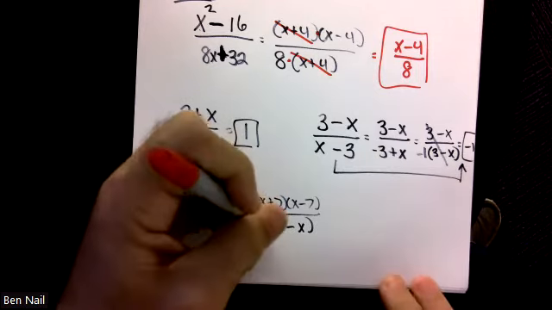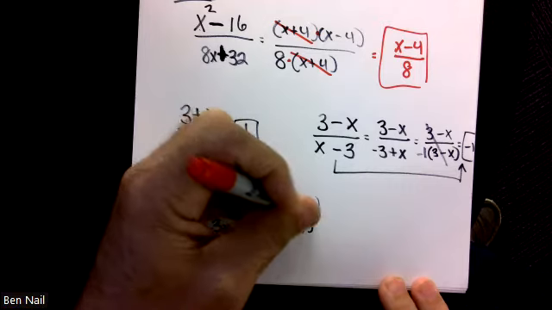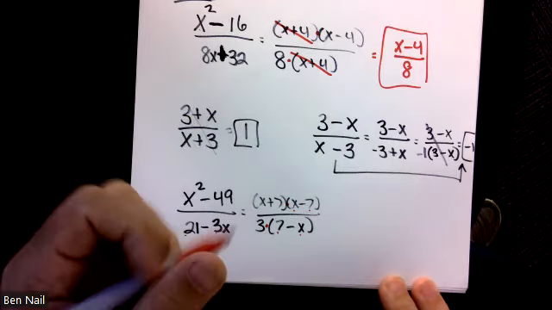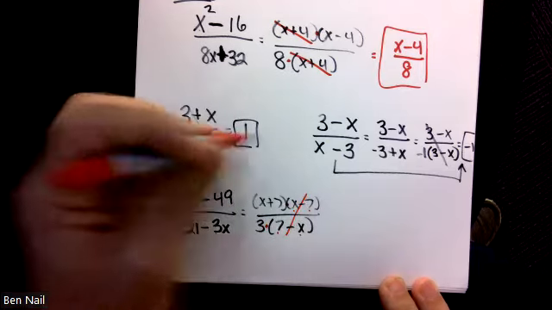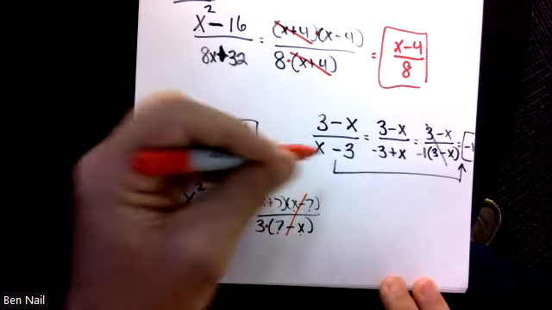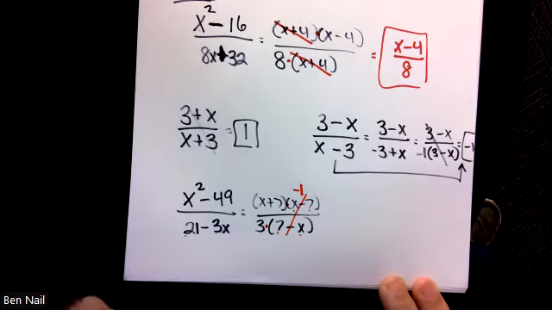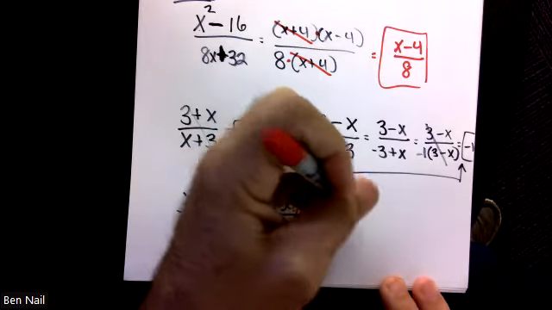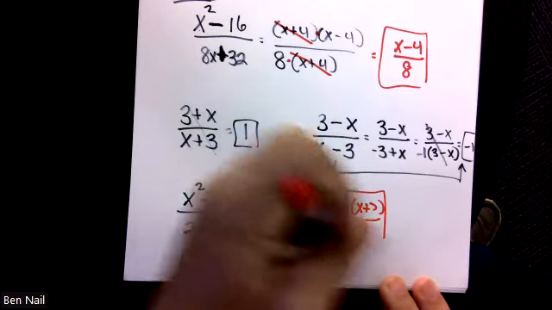And again, once you've got this into a multiplication problem, you're looking for common factors. We've got x minus 7 and 7 minus x. Those are similar, but not exactly the same. They do cancel, but not to be a positive 1. Remember, if you've got inverted and they're minus, that cancels to be a -1. So then you're left with -1 times x plus 7 over 3.